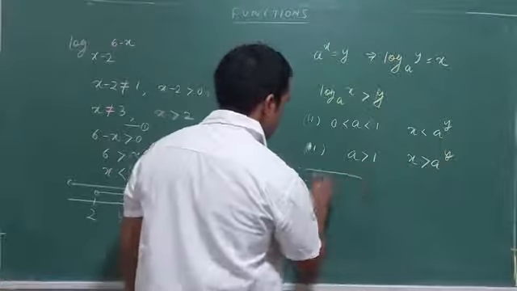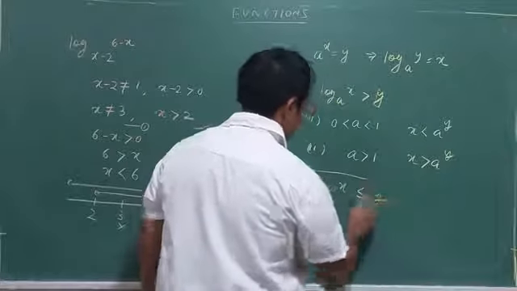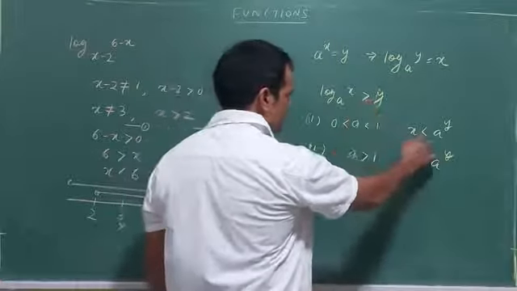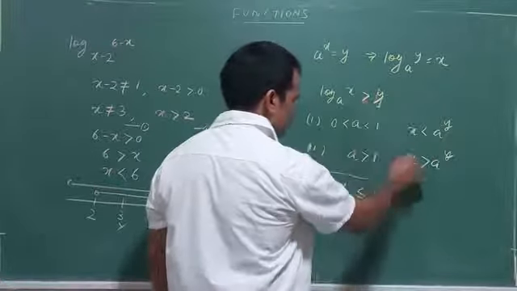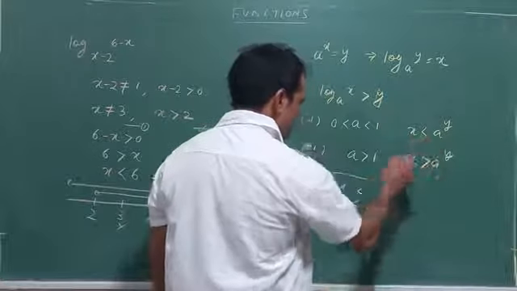Suppose the condition is like this: log base a of x less than or equal to 5. If it is greater than or equal to, the condition will be reversed accordingly. If an equal sign is there, then it will be an equal sign, you can consider.